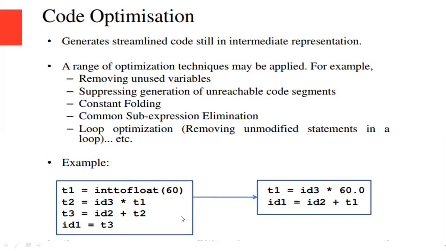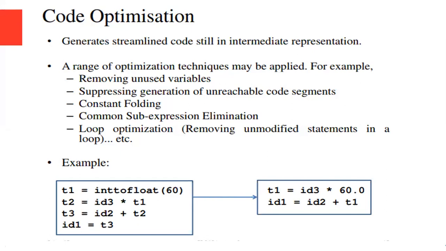So we are converting the given input from the intermediate code generation. The output is taken by the code optimization, which removes the unwanted statements present in our intermediate code generation. So this is the way we are converting by code optimization. This removes unused variables, and does constant folding and common subexpression elimination.